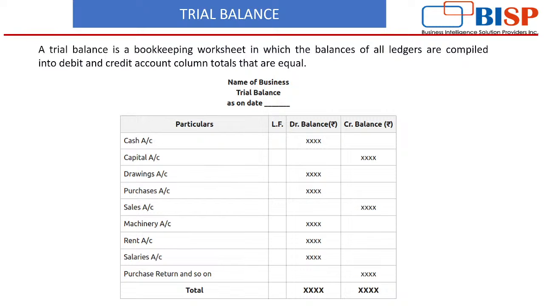A trial balance is a summary of all ledger balances, and it is used to check for errors and ensure that the books are balanced. It has two columns, debit and credit, and the total of each column should be equal.